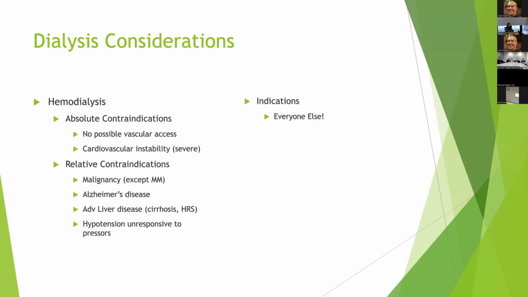Relative contraindications, if they've got malignancy, except in the case of multiple myeloma, because dialysis is kind of a treatment option for that. Alzheimer's disease, advanced liver disease, and hypotension unresponsive to pressors.